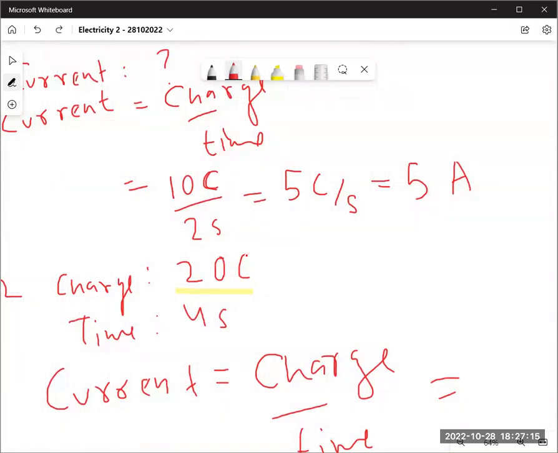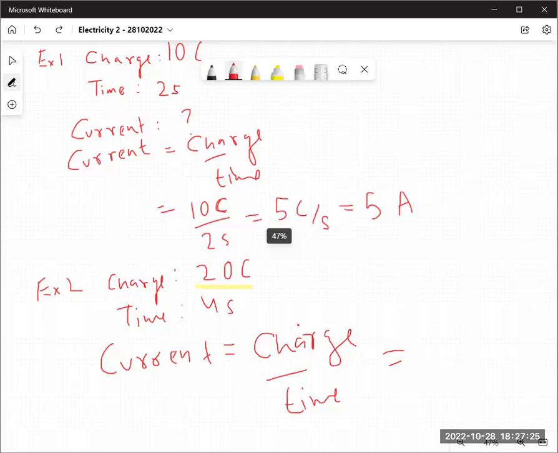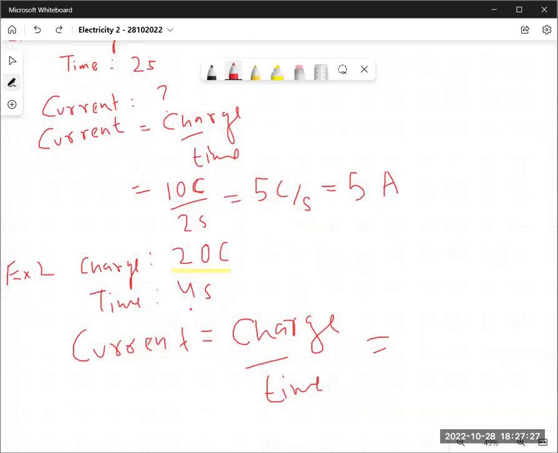What does that mean? Coulomb. So whenever we write charge, we write coulomb after it. There's 20 coulombs. What is the time given? 4 seconds. So charge is 20 coulomb, and how much was time? 4 seconds. So give me the answer.